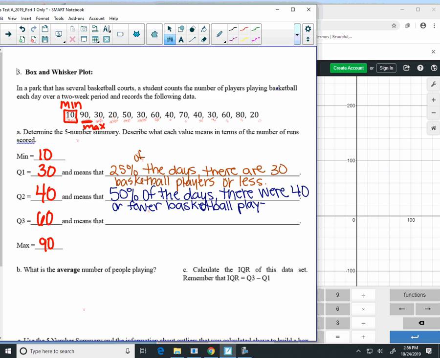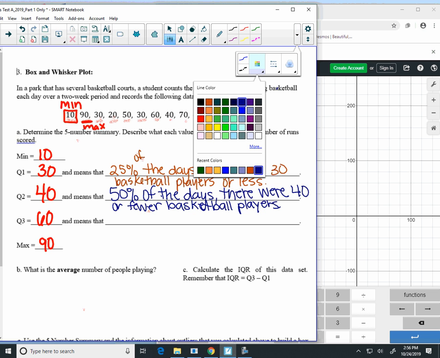And the last one, quartile 3. What quartile 3 gives us is the 75th percent. 75% of the days there were 60 or fewer basketball players.